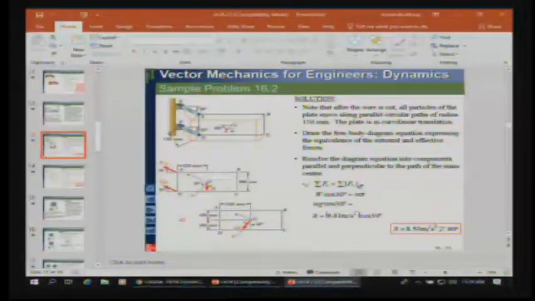So we talk about after the wire's cut, all particles of the plate are moving along parallel circular paths. That's the constraint of this sort of situation where you have two links like that. They're parallel, not concentric.